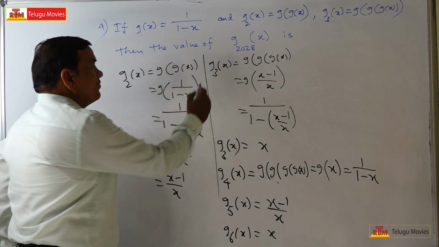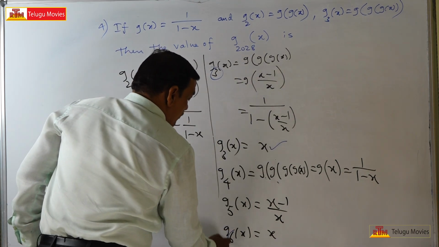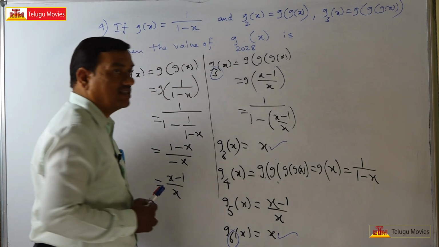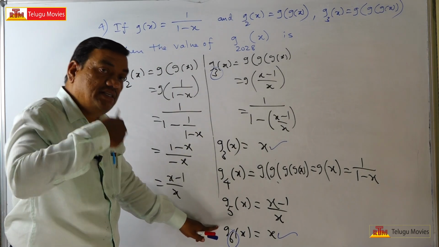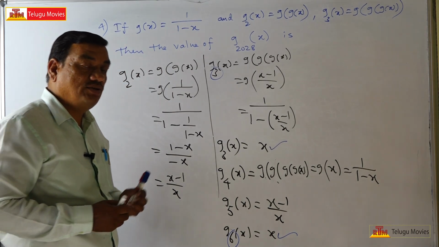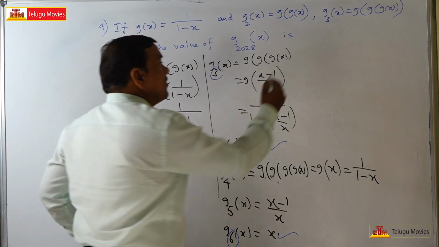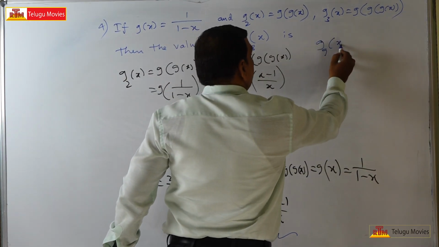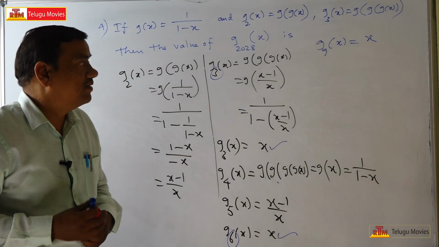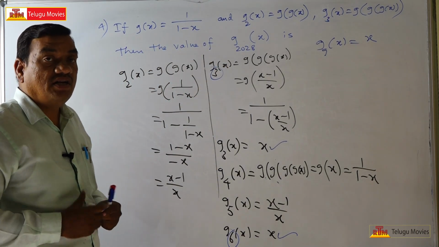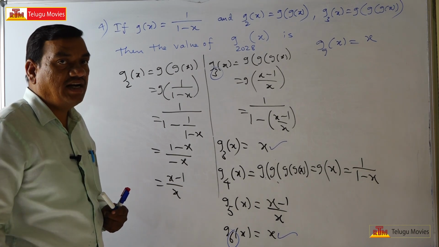For g3 you get x, for g6 you get x, and g9 of x also you get x. If you go on doing the same cycle, ultimately for the multiples of 3 you always get x.